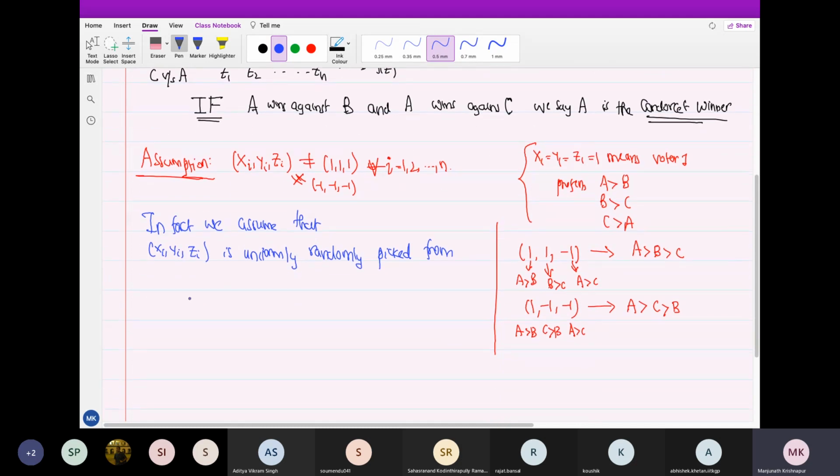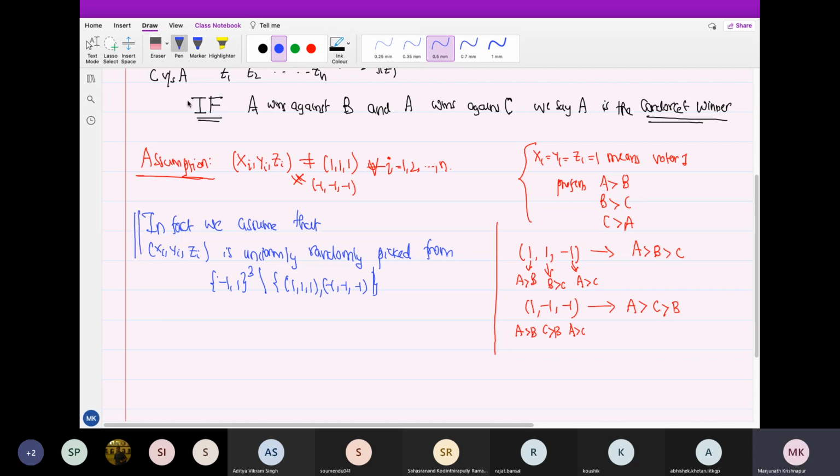Those are the 6 permutations. So from {-1, 1} cubed, except the 2 ambiguous ones, (1, 1, 1) and (-1, -1, -1). Everything else is okay. So this is what we assume.